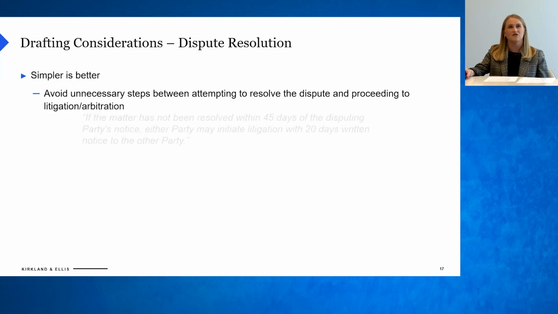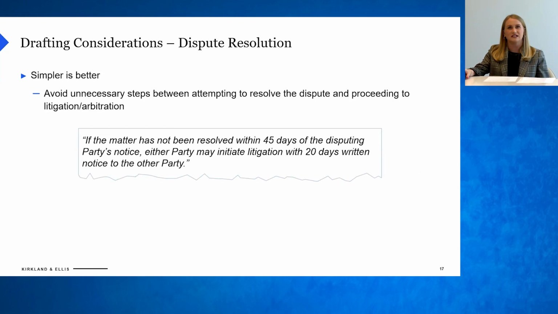We want to avoid any unnecessary steps between attempting to resolve the dispute and proceeding to litigation. This again helps eliminate any unnecessary language around what would happen between the parties, and speaking to Ben's example, making sure all the bases are covered.